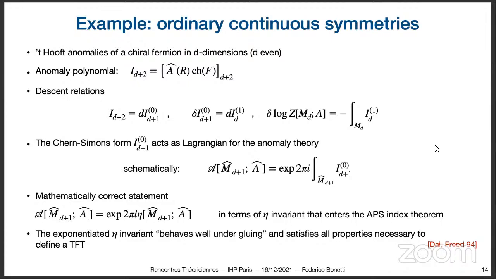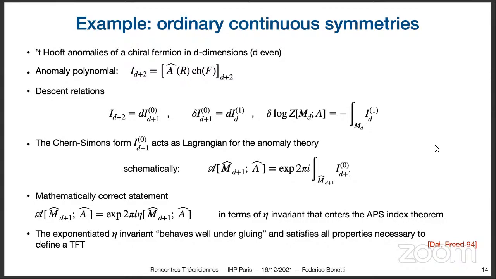Okay, so this was essentially trying to convince you that if you think of an anomaly theory in b+1 dimensions, you can recover more familiar anomalies, but all sorts of other phenomena as well. That's right.